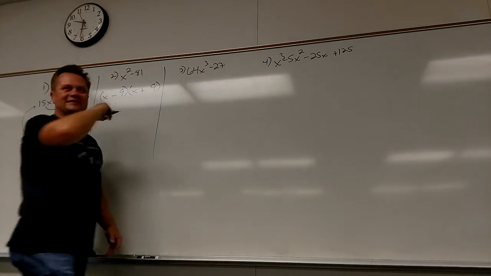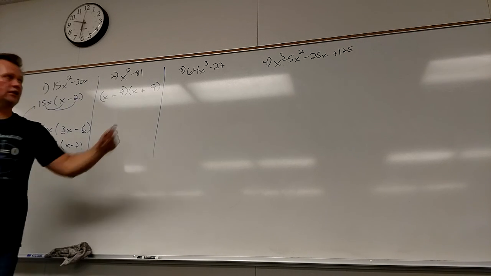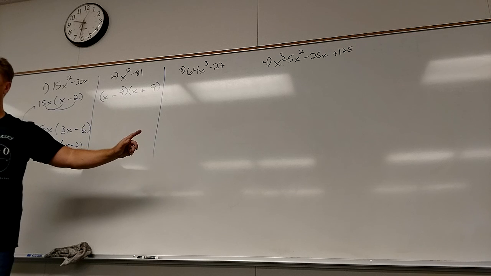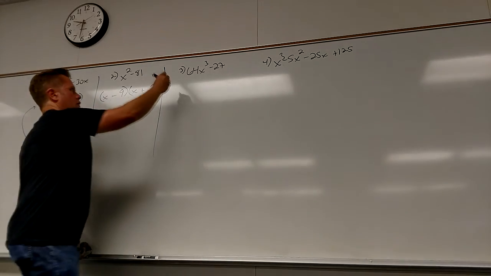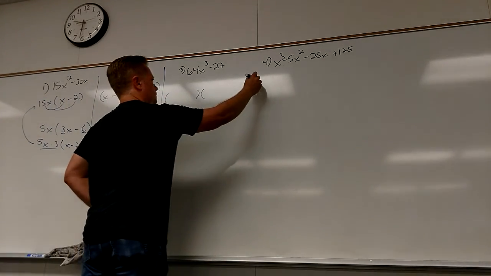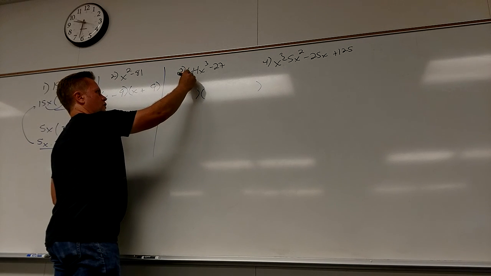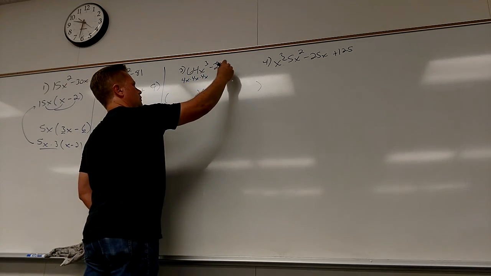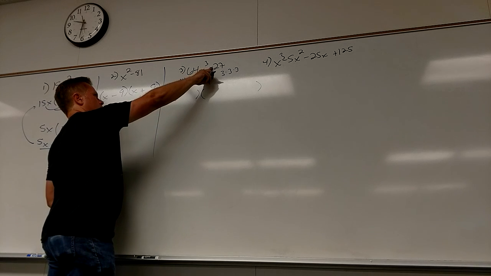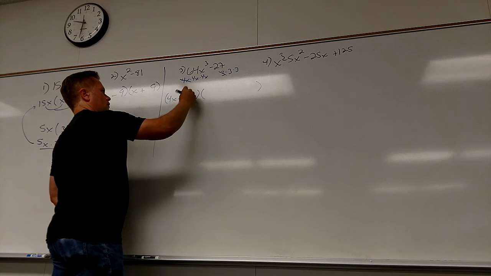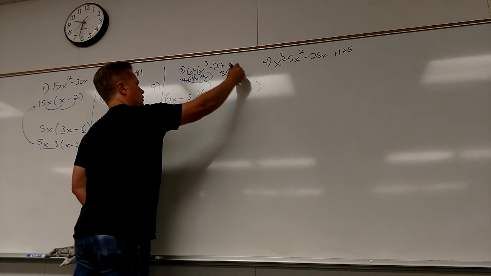This one is almost the same idea, except there's 3 of everything. So instead of putting 1 and 1, I'm going to put 1 and 2, and then of course you've got the extra, the big dude. So I know there's going to be a little dude, big dude problem. 64x cubed is 4x times 4x times 4x. 27 is 3 cubed. So one 4x, careful, minus a 3. 16x squared goes here. 9 goes there.